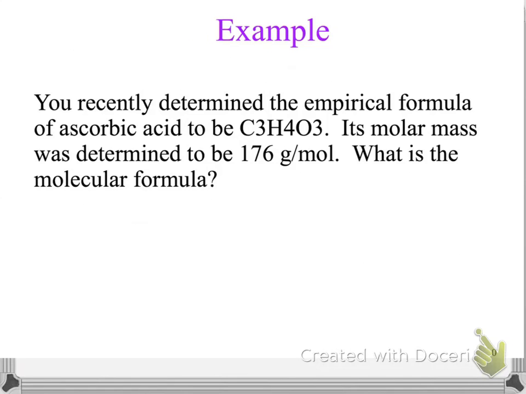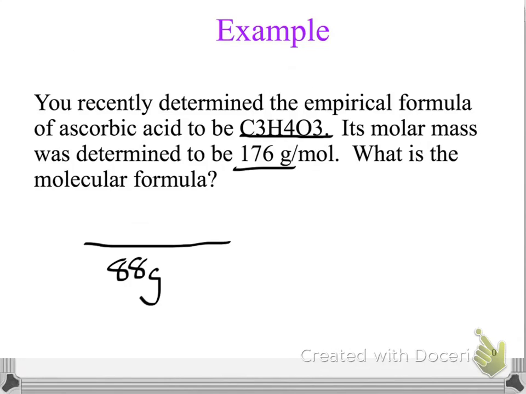So, we recently determined that the empirical formula of ascorbic acid is C3H4O3, and its molar mass was determined to be 176 grams per mole. So there's a value that's given. What is the molecular formula? So if you take the mass of 3 carbons, 4 hydrogen, 3 oxygen, and you sum those up, you come up with something like 88 grams for the empirical mass.